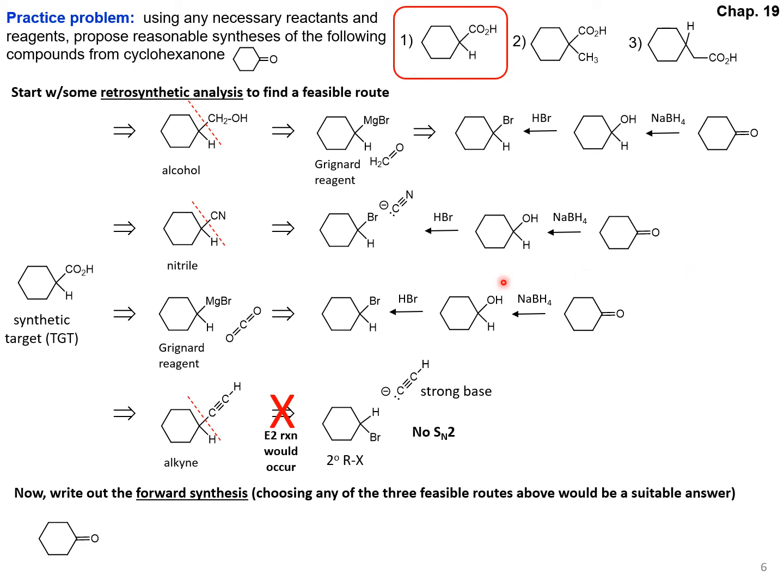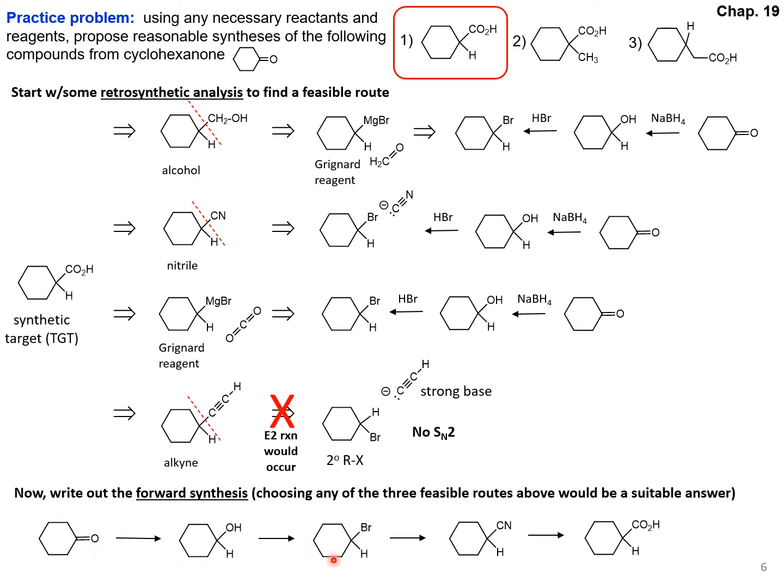So you can choose any of these three feasible routes as a reasonable answer to put down as a forward synthesis. Any one is fine. So I just randomly chose this particular route with the hydrolysis of the nitrile to the carboxylic acid.